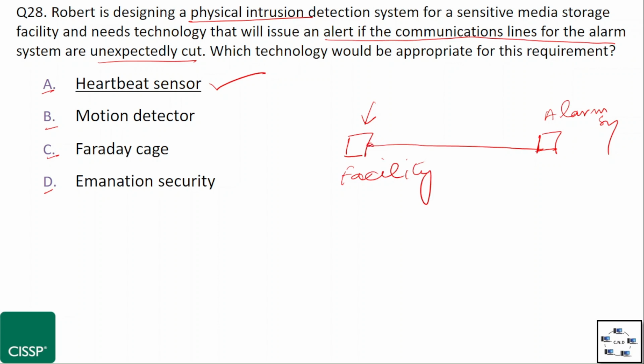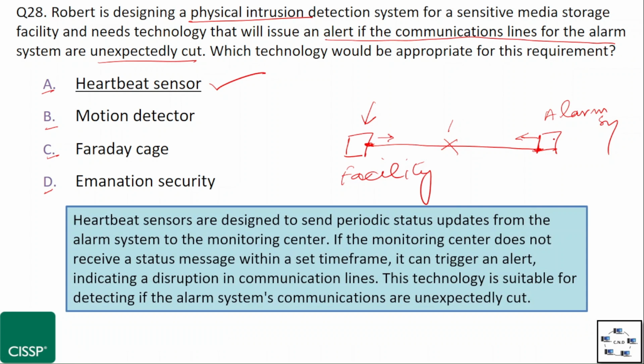So there is a heartbeat going on between this end of the alarm system and this end. Heartbeat means that every 10 seconds or every minute or every 5 minutes a hello packet is sent from this end to check for availability, and also from the other end. So if this alarm wire is cut, the heartbeat won't be received after, let's suppose, one minute, and the monitoring system here will know that the wire is cut off.